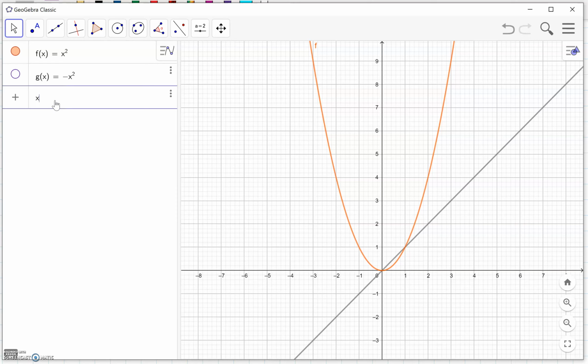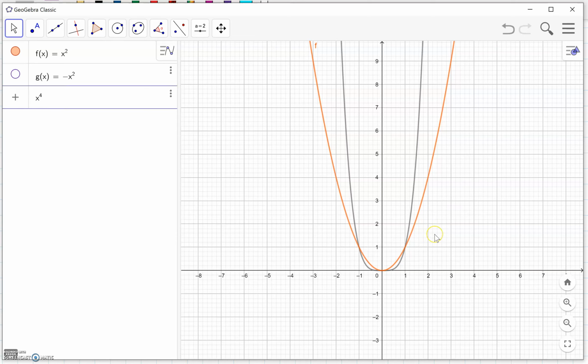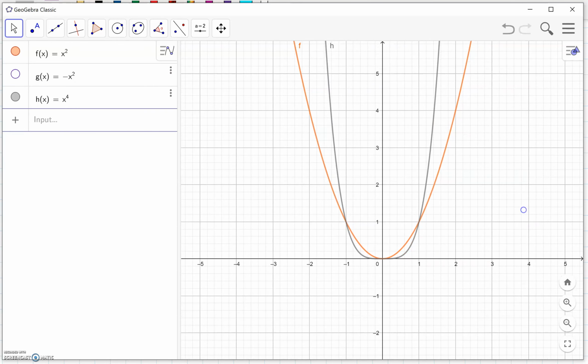If we type in x to the power of 4 here, it just looks like a normal parabola. So we have another parabola here, and you can see in this case that the base of the parabola becomes a little less pointy and a little more rounded. It becomes a bit more square. But the arms become steeper. And obviously again, if we have negative x to the power of 4, it's going to be the same reflected down.